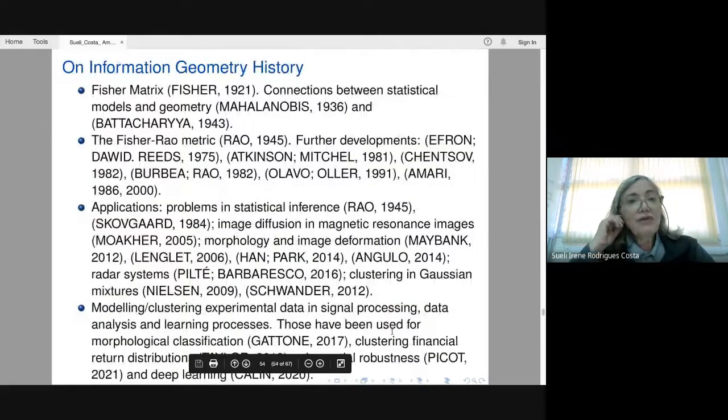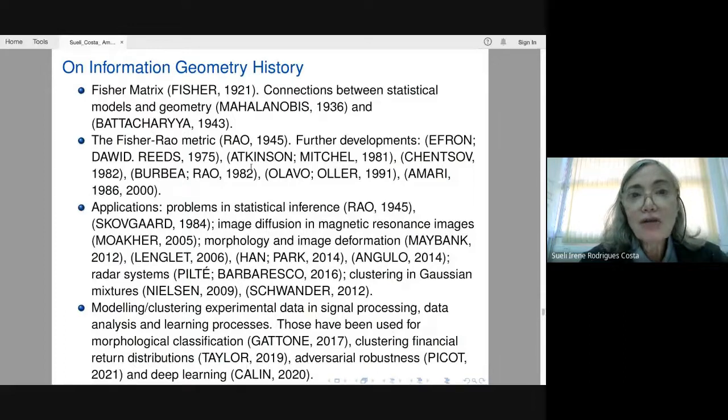So, a brief history of this area. The Fisher matrix was introduced by Ronald Fisher in 1921, something like the father of modern statistics, right? The connection between statistics, models and geometry is very old.